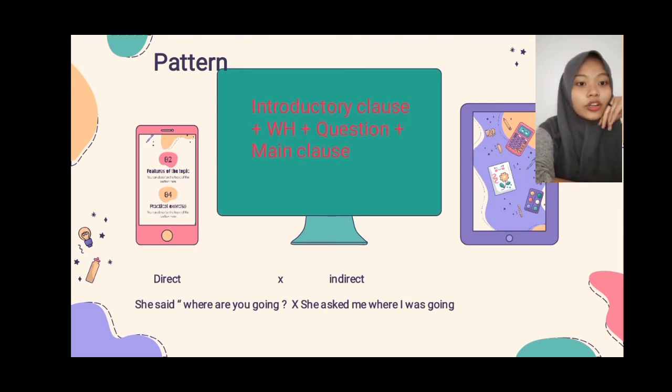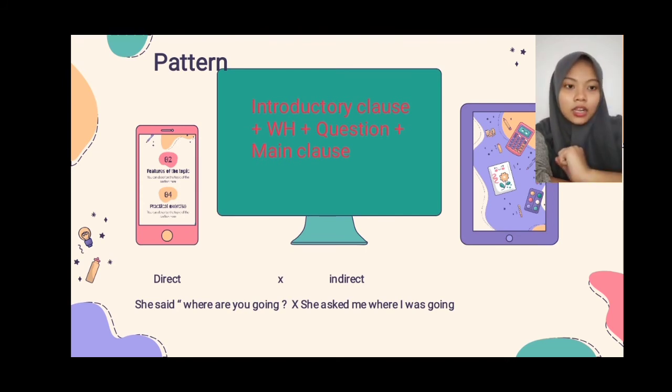Example, direct: she said, "Where are you going?" Indirect: she asked me where I was going. If before she said, to be, she asked, because a reported speech question must use asked.